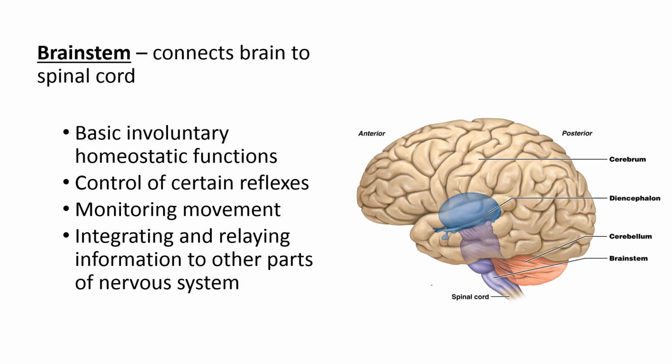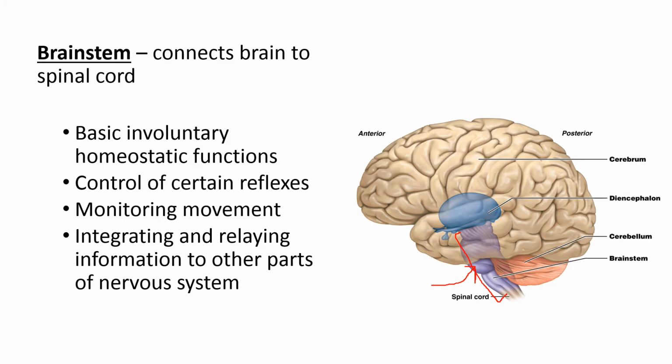Next, in purple here, again, that's the brainstem. All of this is the brainstem, and it's continuous with the spinal cord. So it's going to connect the brain to the spinal cord. A lot of basic involuntary homeostatic functions are located here in this part of the brain. You'll also find that the brainstem is involved in controlling certain reflexes as well.